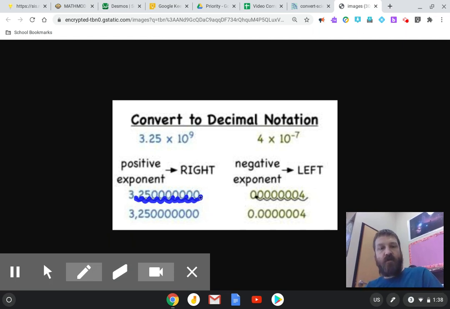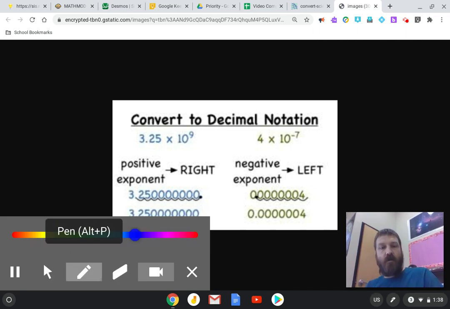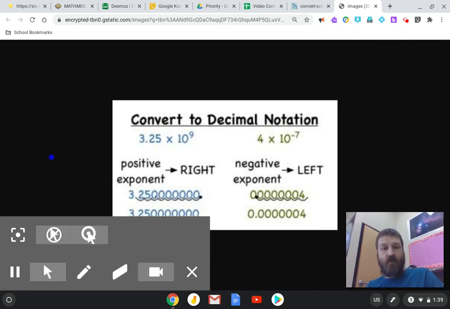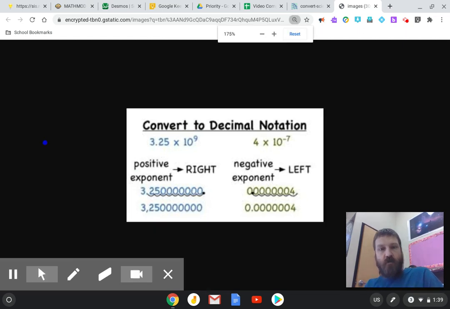And notice, once I get past this 5 here, I'm going to add a 0 for every single one of those spaces that I moved, and it ends me up with this longer number. 3.25 times 10 to the 9th becomes this long 325 and then 7 zeros after that number. So that's what we're looking at when we convert from scientific to decimal.